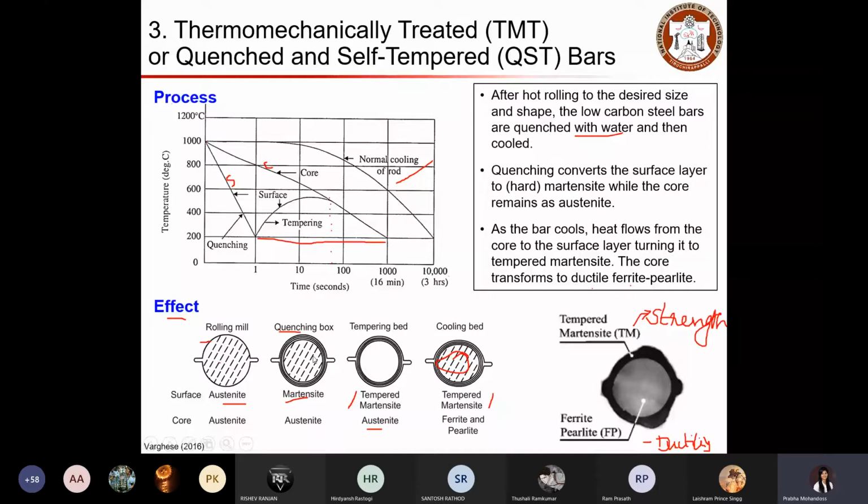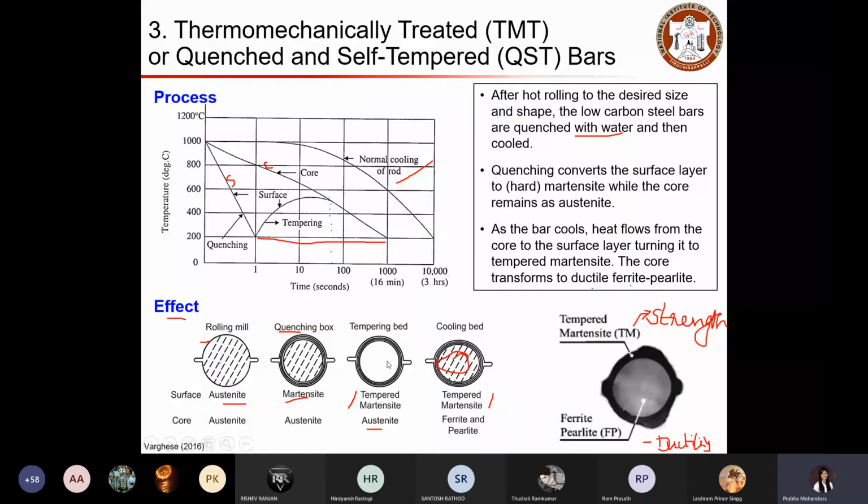The surface will be quenched, and the inner portion remains at a high temperature. The heat tends to diffuse to the outer surface, so the outer surface gets tempered and becomes tempered martensite, while your inner region remains austenite.